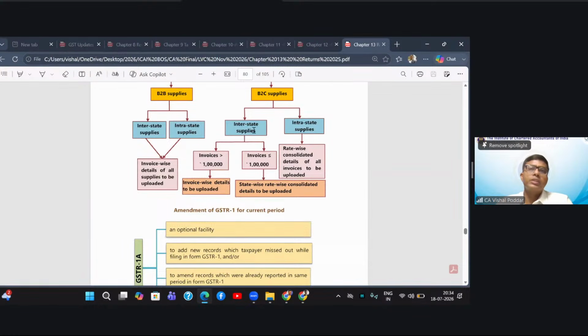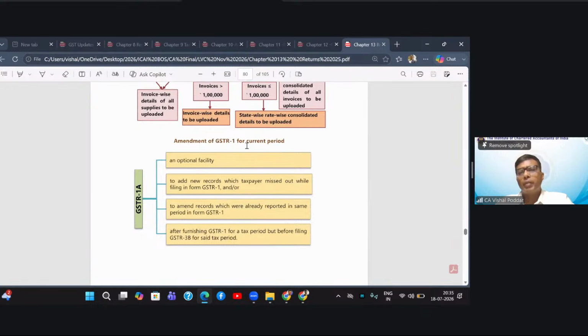But if B2C is interstate supplies, then there is an amount given: 1 lakh. If your individual invoice value exceeds 1 lakh, for those invoices you will give invoice wise details. For those invoices where the individual invoice value is up to 1 lakh, that is equal to or less than 1 lakh, you will again only upload the consolidated amount.